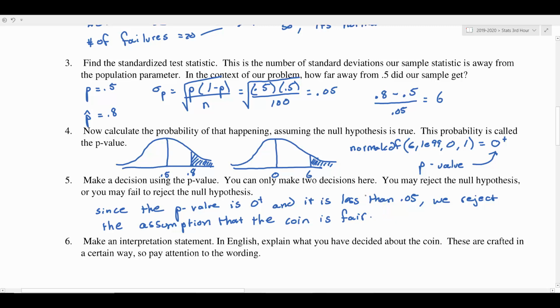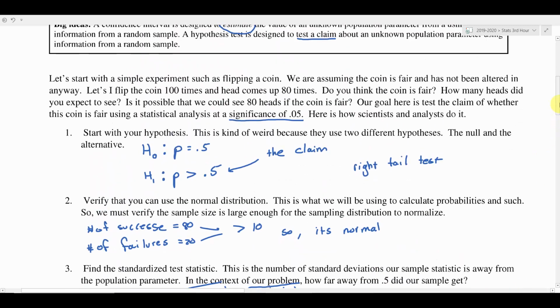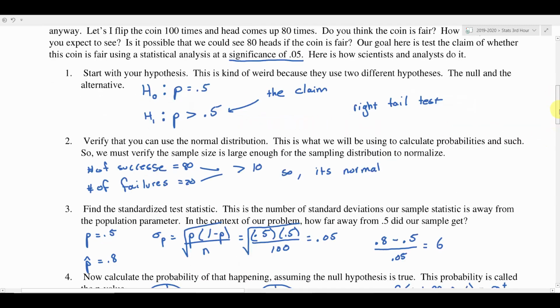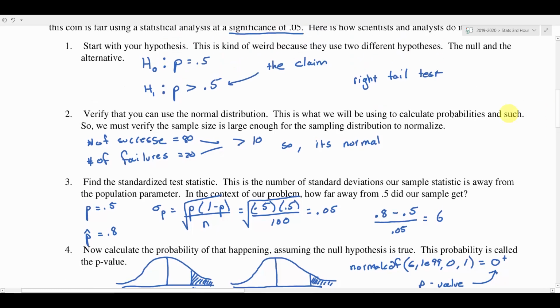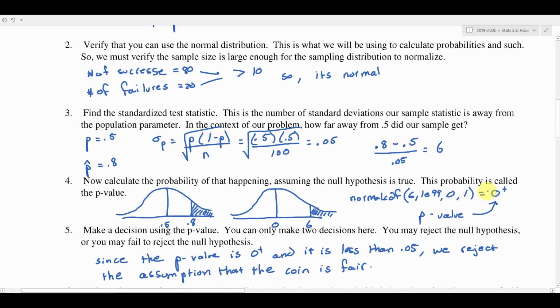So we compare this probability that we calculated here with this significance level that they gave us here. And I said I would talk about this later. This significance level is like a boundary. At what point do we stop believing what we assumed about the population? Well, we stop believing it when that p-value gets to be less than 5%.